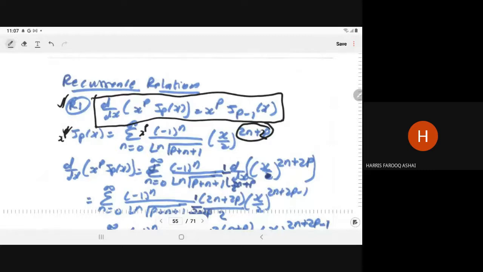So d/dx of x to power 2p, and the 2 remains as 2 to power 2n plus p.